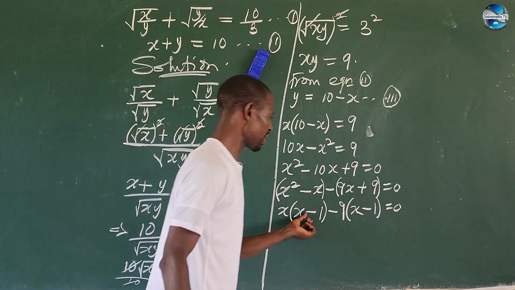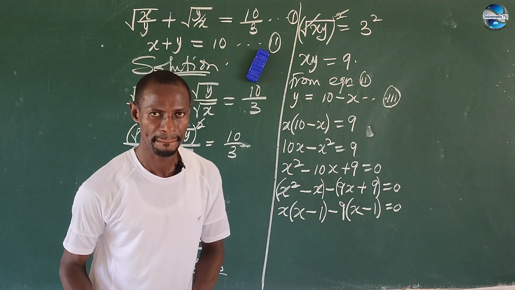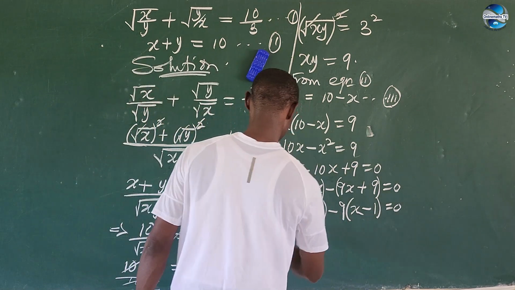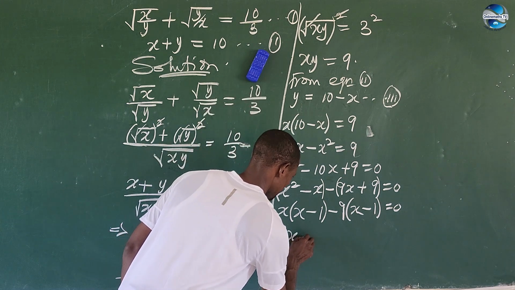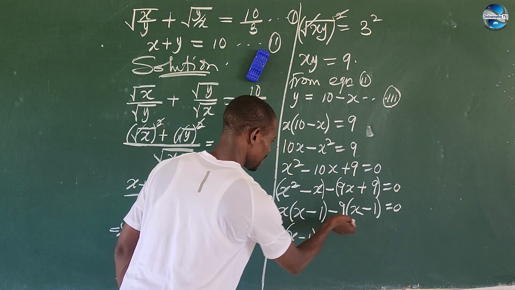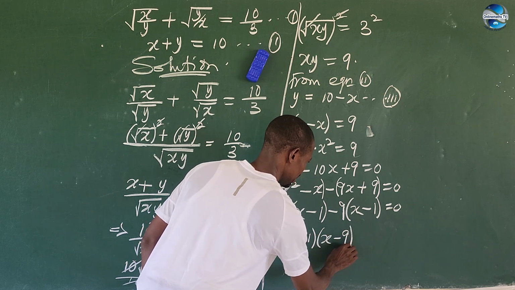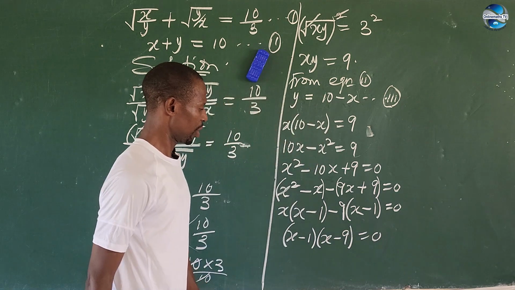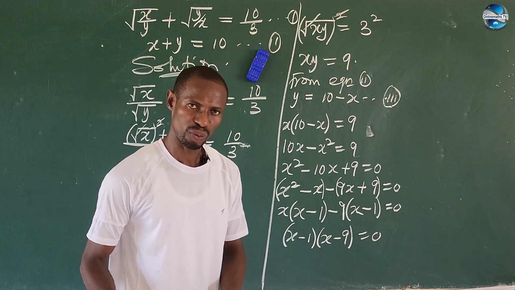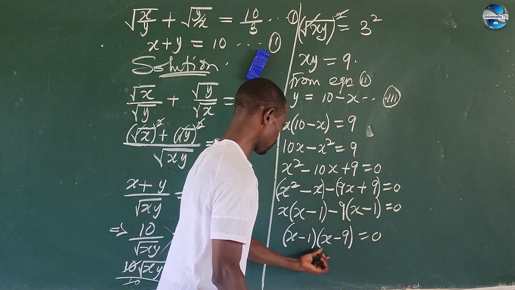You discover that what we have here and what we have here are the same. So we take only one of these. This gives us x minus 1. Then we take the other, bracket x minus 9 equal to 0. We apply the zero product rule. We equate this to 0, and equate this to 0.